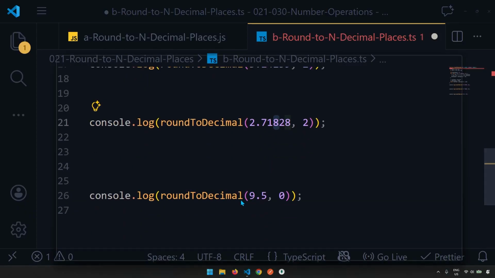And this is very important because this 9.5 is actually going to be rounded up. We're going to get the number 10. So you can clearly see 9.5 is different than 10. That's why rounding is very, very important.